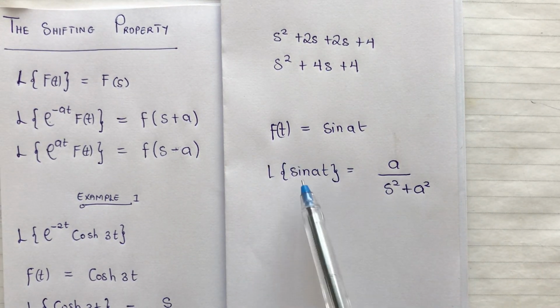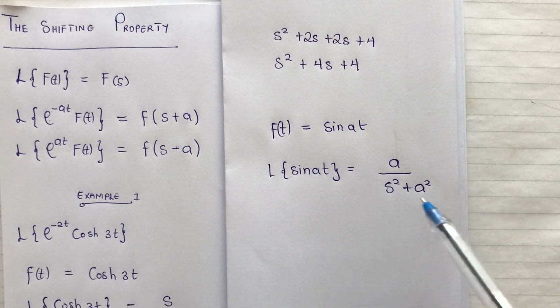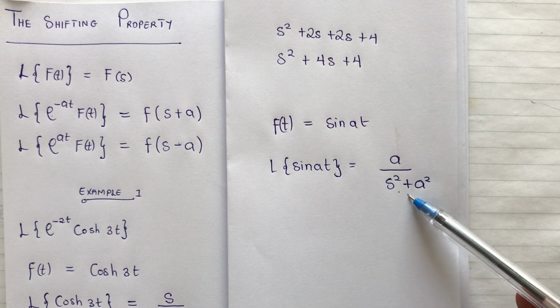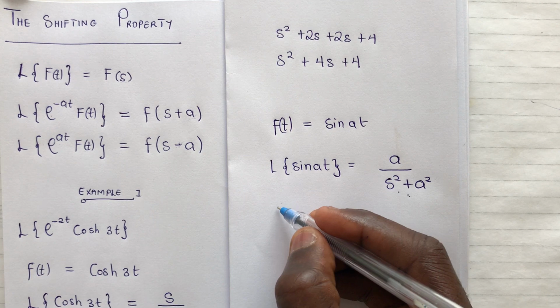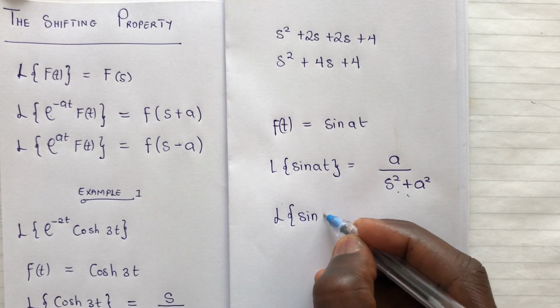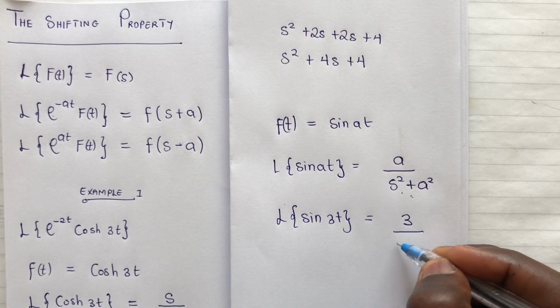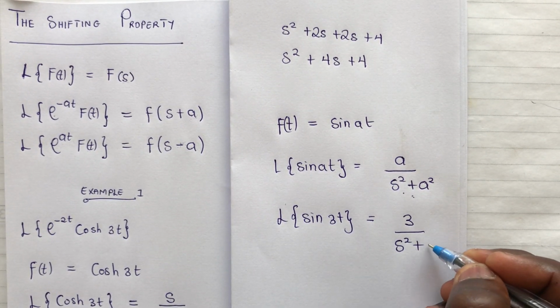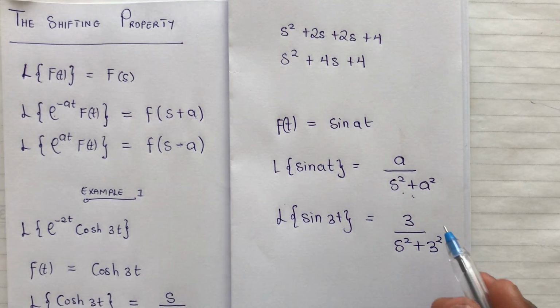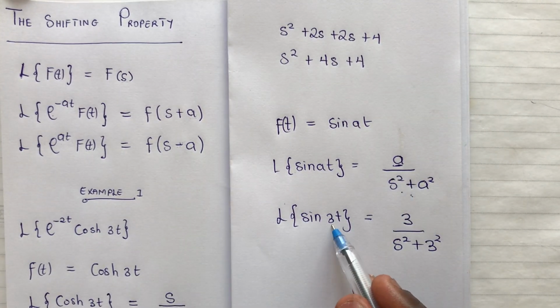Finding the Laplace transform of sine at is there. You can look at that, how to prove this. Now, from this knowledge, the Laplace transform of sine 3t will generate the result 3 over s squared plus 3 squared. Remember that this a is representing this value.